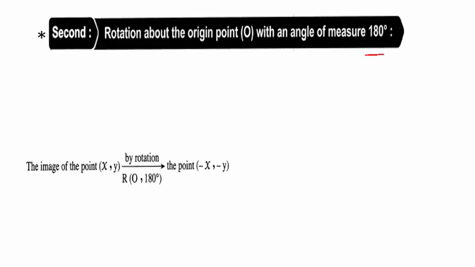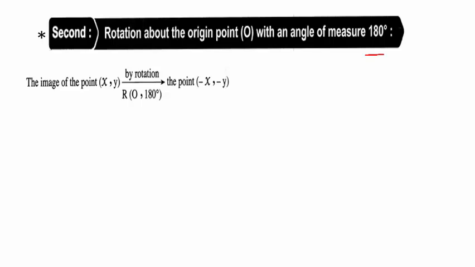Second, rotation about the origin point O with an angle of measure 180. If the rotation is 180 around the origin point, the image of any point (x, y) will be (negative x, negative y). We reverse the sign of the point.